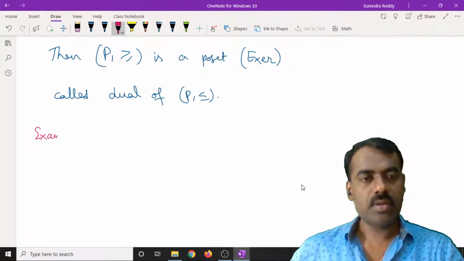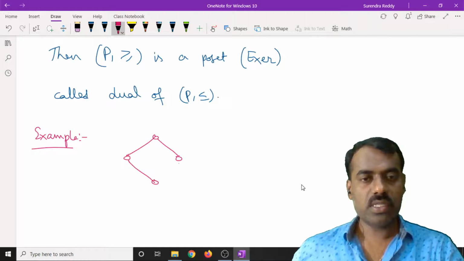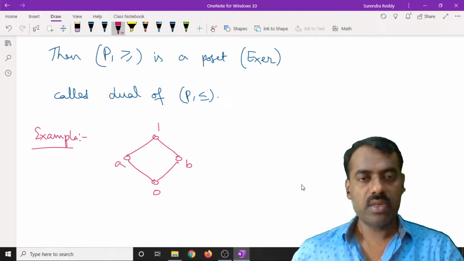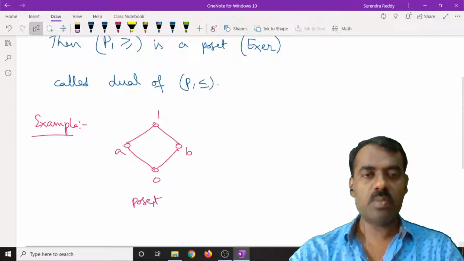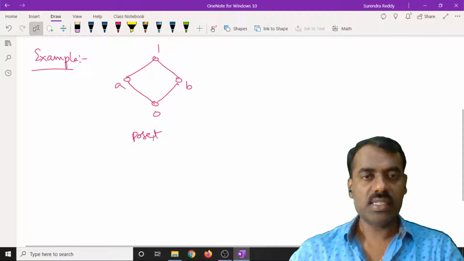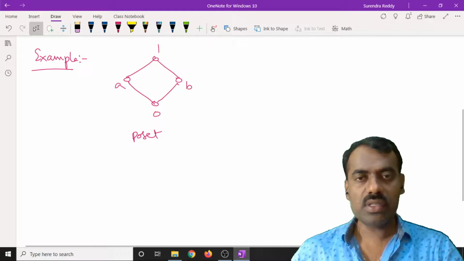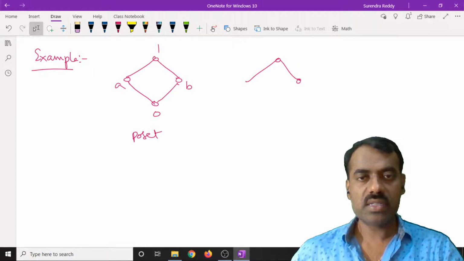you can understand easily with respect to this diagram. Suppose this is your poset 0, 1, A and B. If this is your poset, then what should be the dual poset? The dual poset is you simply invert this, up and down.